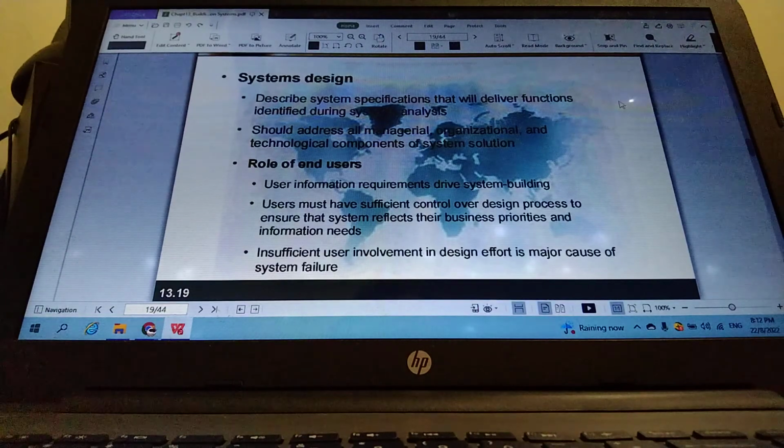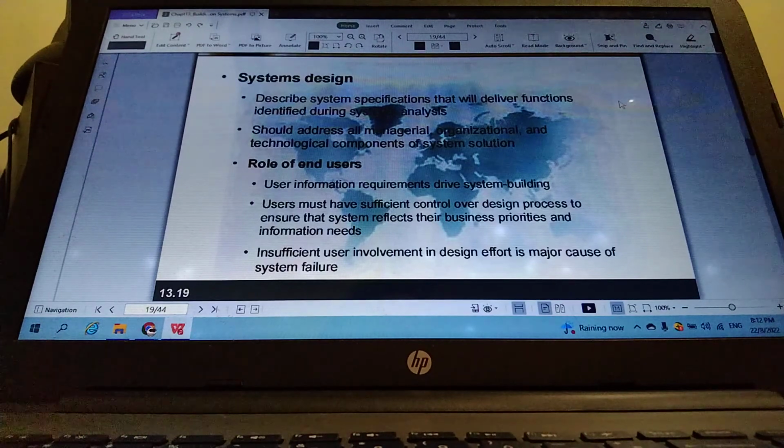So we are moving into the technical areas where, once we have identified the functions, features or capabilities of the new system, we will start working on coming out with the system spec, the requirement spec, which should address all managerial, organizational, and technological components of the system solution that we are recommending, or that we are going for.